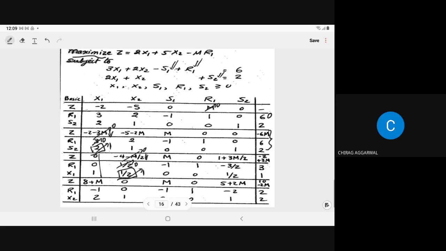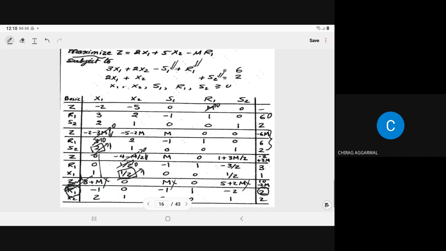Now, which z coefficient for the non-basic variable is negative, most negative? This is positive, no. This is positive, no. This is positive, no. It means you can say this is the optimal table. In the optimal table, you can notice that the artificial variable R1 is coming at a positive level.